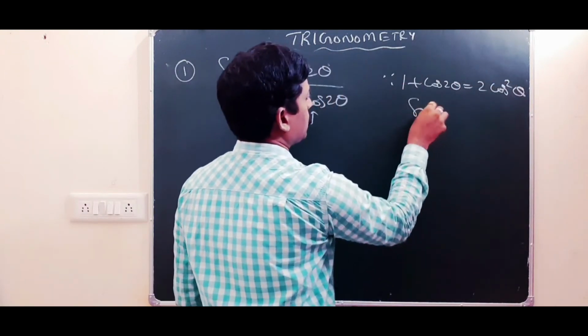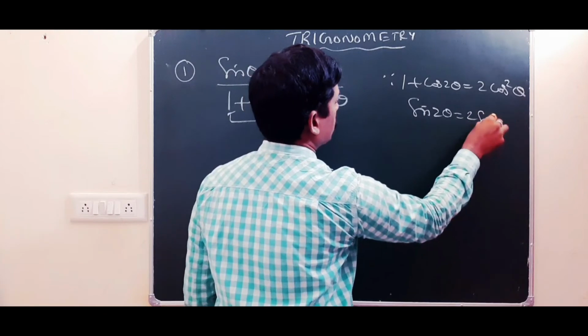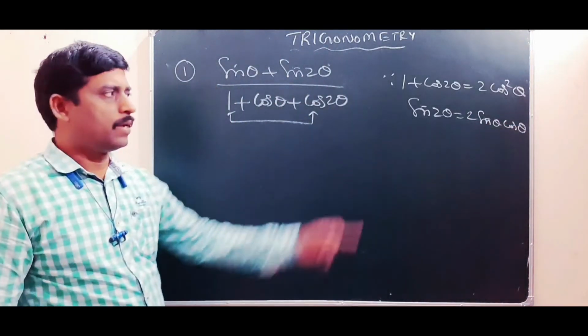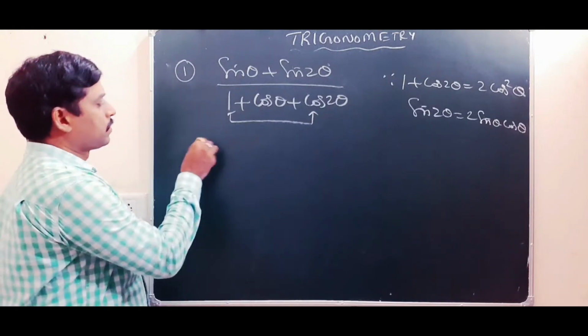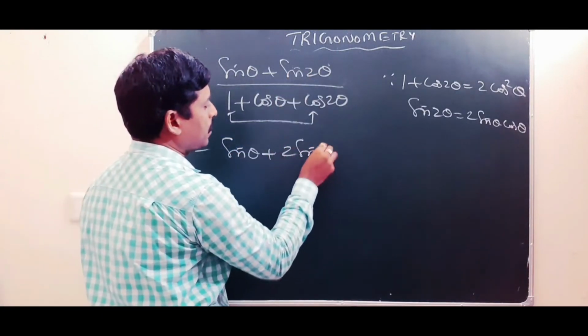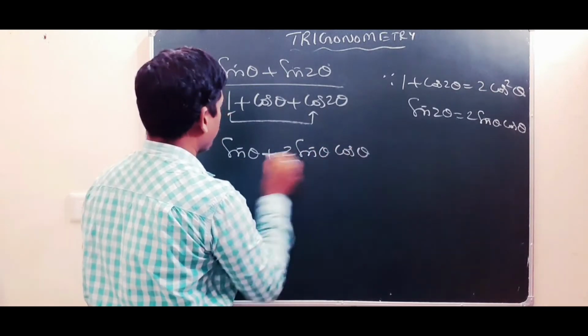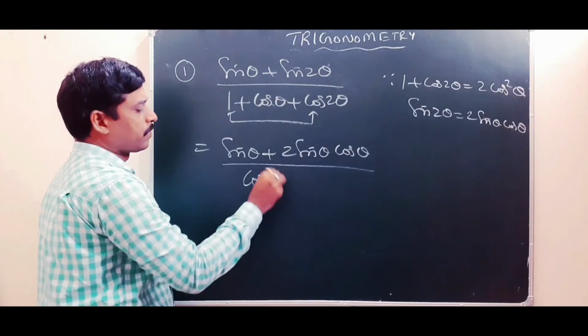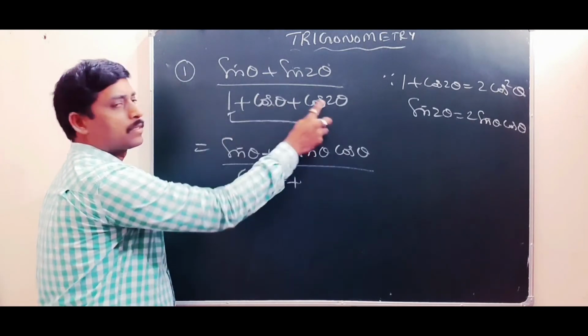We should apply these two formulae. So sin theta plus sin 2 theta can be written as 2 sin theta cos theta, upon, first write cos theta, then 1 plus cos 2 theta.